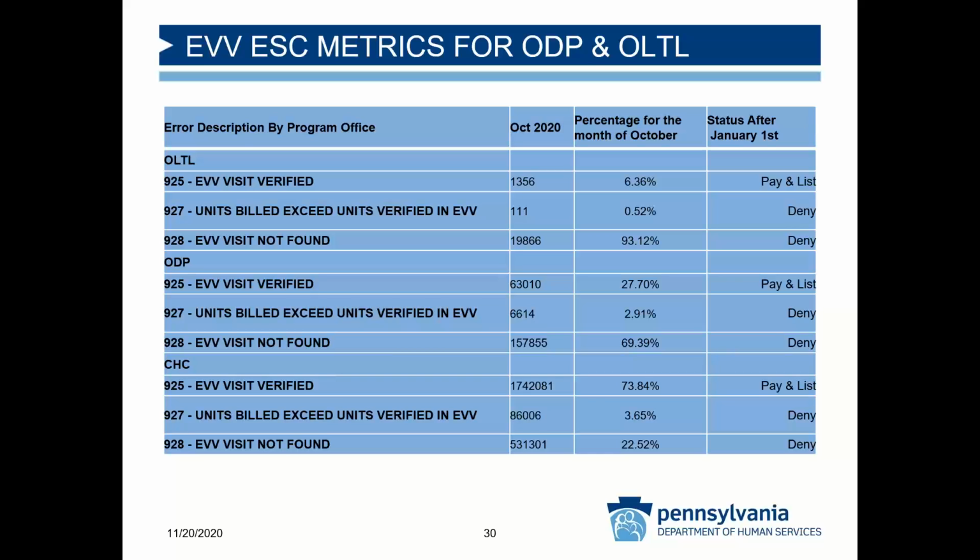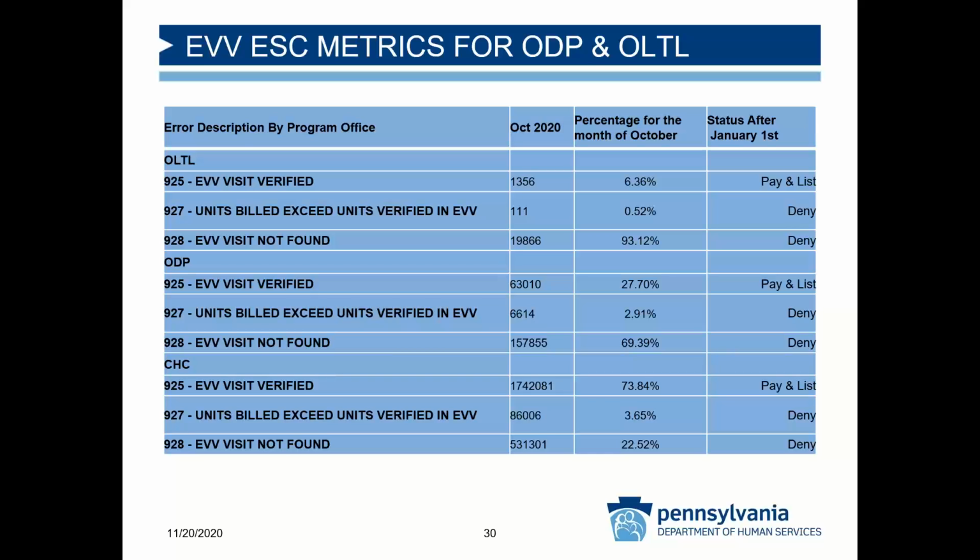So the next section is ODP's percentages and the percentages of those EVV ESC setting. We actually haven't seen too much progress between the month before September and then to October. So it's definitely below our expectations as a department, these percentages.